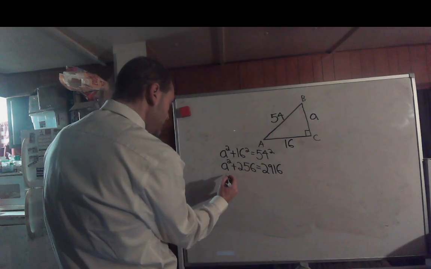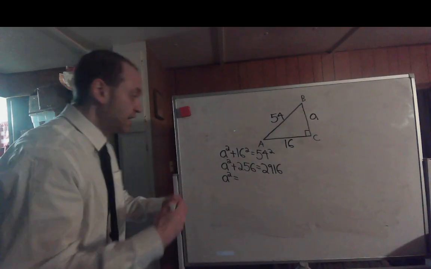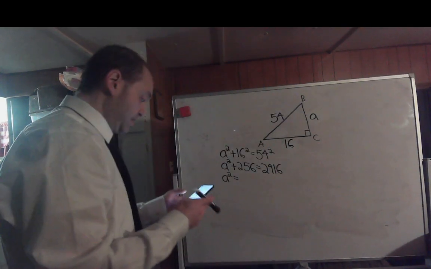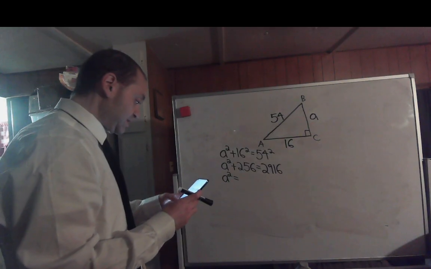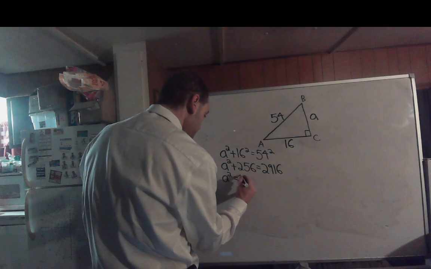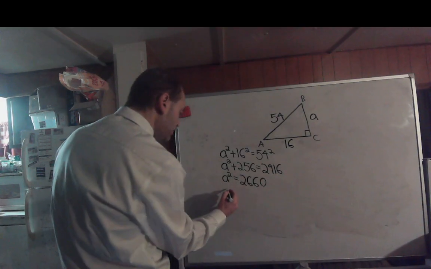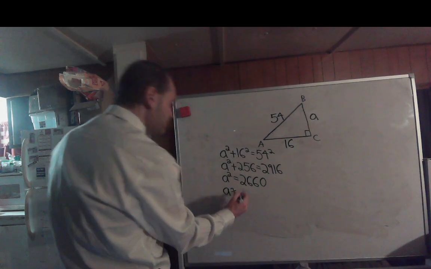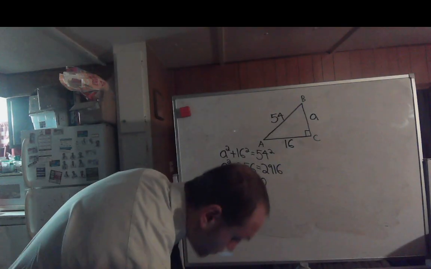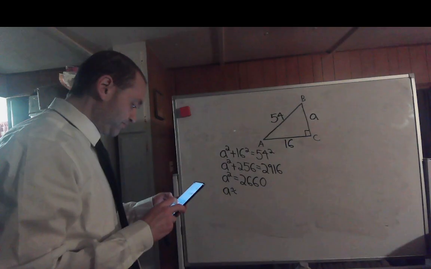So then that means that A squared equals 2,916 minus 256. You get 2,660. So A would equal the square root of that 2,660. We're just going to deal with the decimal approximation anyway.